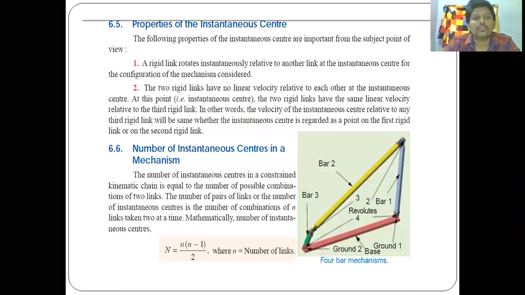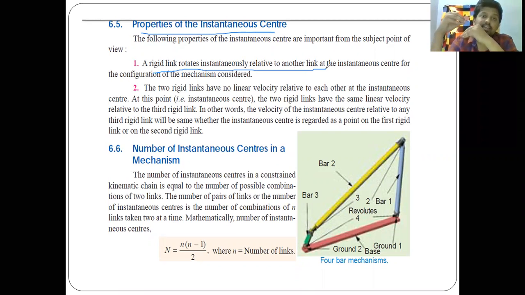Now we should find out the properties of this instantaneous center. The first property is that a rigid link rotates instantaneously relative to the other link. If we take two links related to each other, the rigid link rotates instantaneously relative to the other link about the instantaneous center.